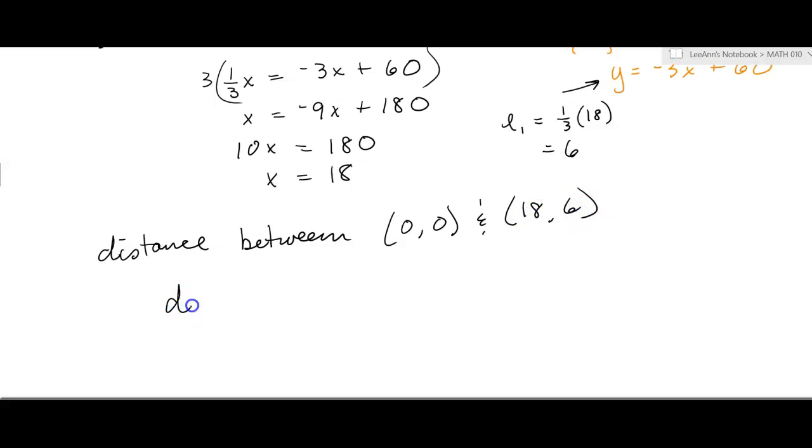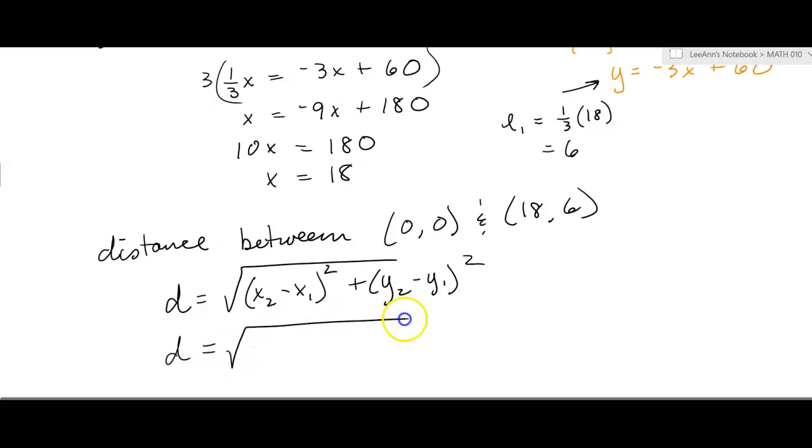We're going to use the distance formula: the square root of x2 minus x1 squared plus y2 minus y1 squared. But one point is 0, 0, so that helps. So you're just going to have 18 minus 0 squared plus 6 minus 0 squared.